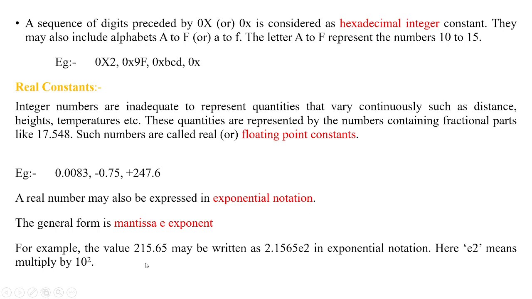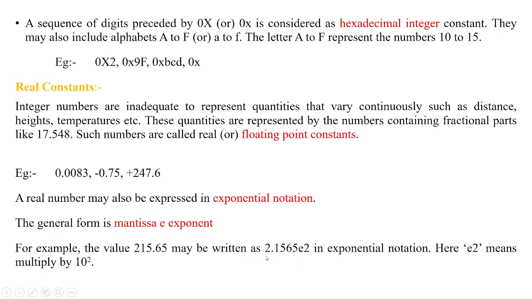For example, 215.65 is a decimal representation of a real number. If I want to represent this number in exponential notation, then I have to use the representation of mantissa, then E, after that exponent.